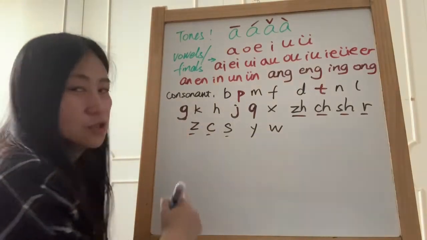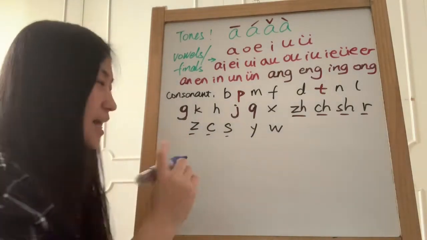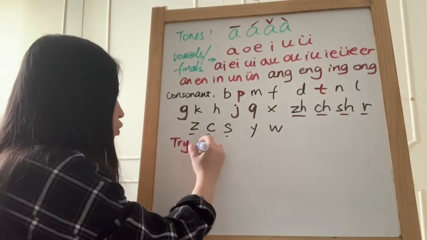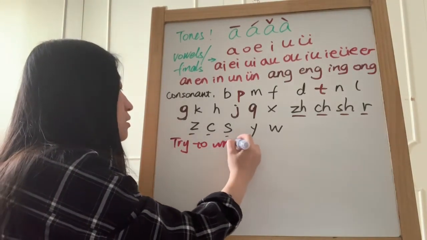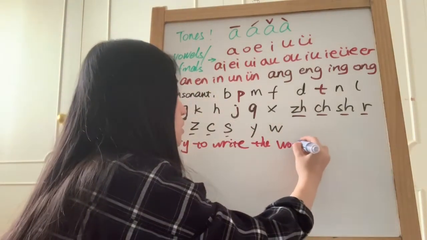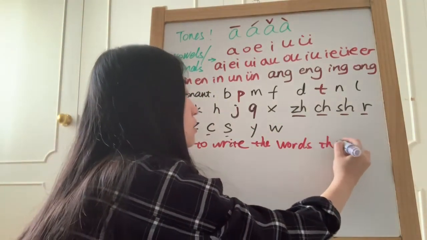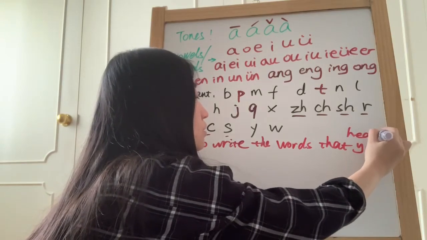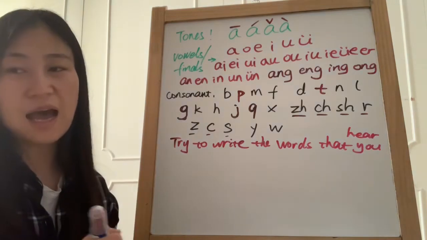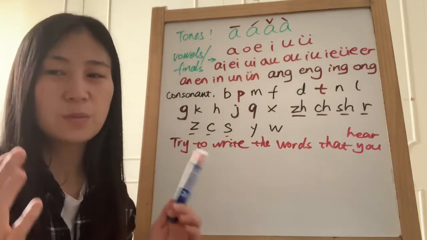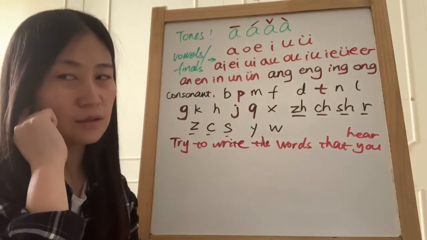So now let's do an exercise activity to try to write the syllables, all the words that you hear. Okay? So now it's time to hold your pencil and your paper and listen to me.